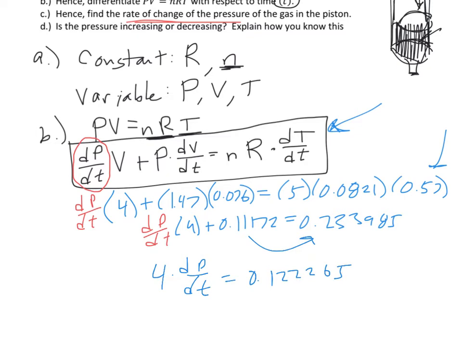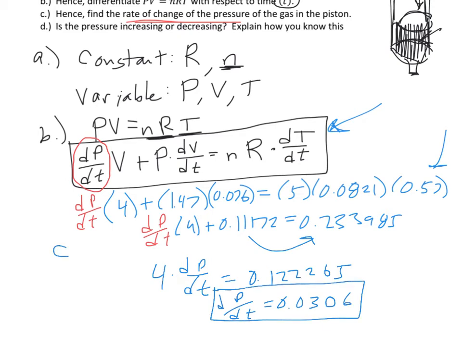And then the last step is just to divide that by 4. And I got that dP/dt is 0.0306. And that's the answer to part C. Part C basically asks us to plug these values in and find what we got.